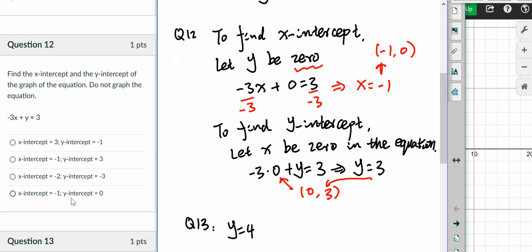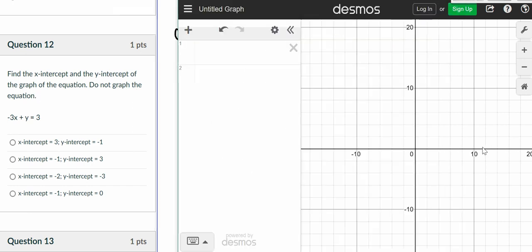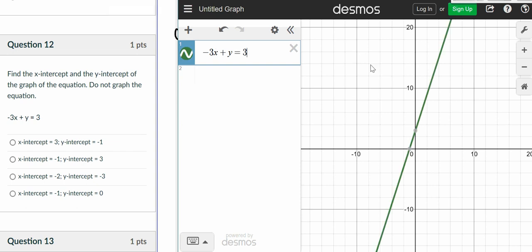Not (-1, 0). Well, we said do not graph the equation, but with decimal, we too can graph it. So we see here, -3x plus y equals 3. So we do know this is our line, and we can see here is (0, 3), and here is (-1, 0).